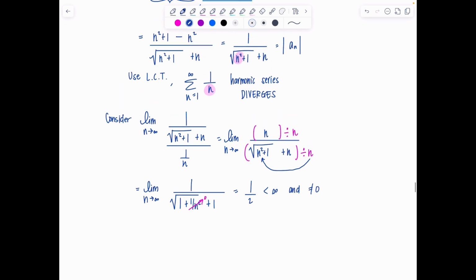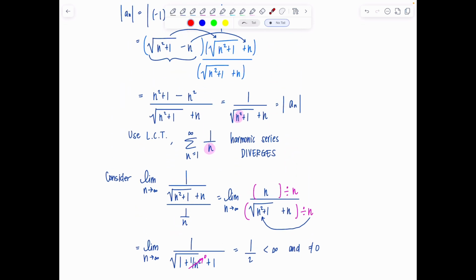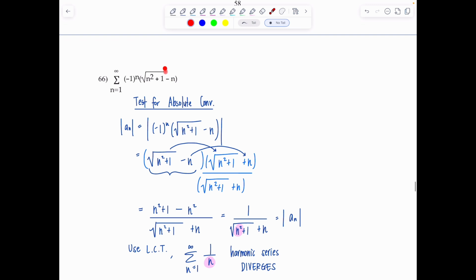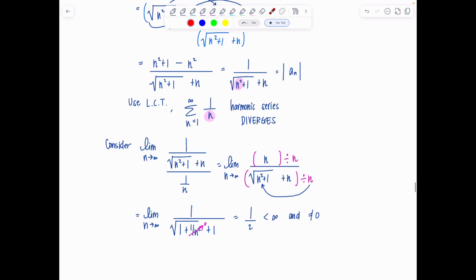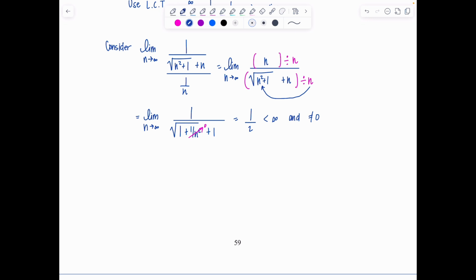And that tells me my series, the absolute value of this, does the same thing that the harmonic series does. Well, the harmonic series is a divergent series. So this tells me the sum, n equals 1 to infinity, square root n squared plus 1 minus n, also diverges by the limit comparison test.